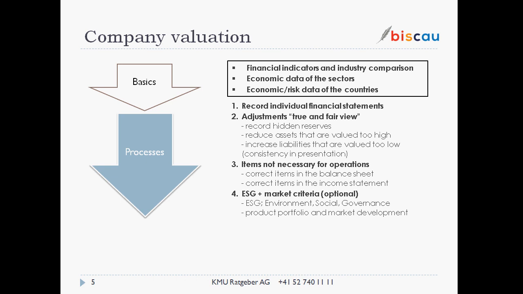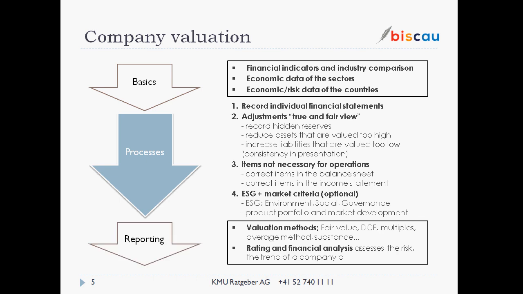What I recommend to you is the product portfolio and market development criteria. And then we go to the reporting. We have different valuation methods like fair value, DCF, multiples and others. We have also a rating and financial analysis. So we can see the trend of your company.